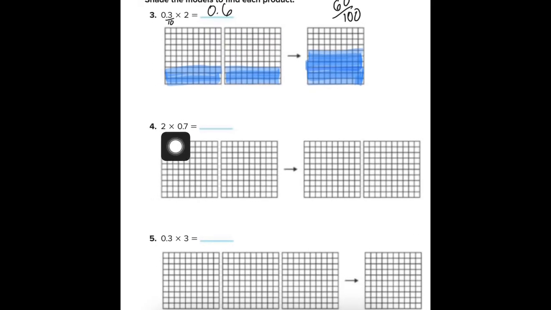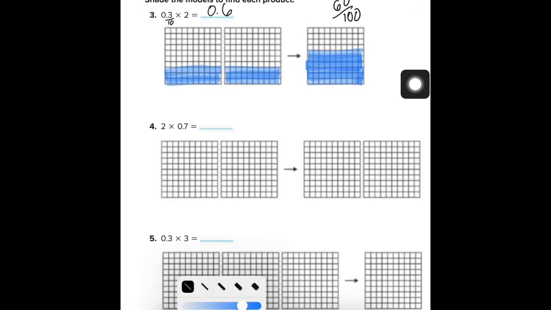Number 4, we have 2 times 0.7 or 2 times 7 tenths. So we need to fill 7 10 bars out of here and 7 out of this one. Then we add them together and see what we get.